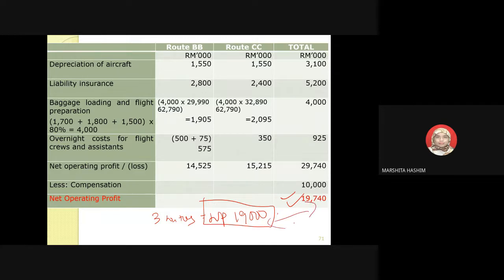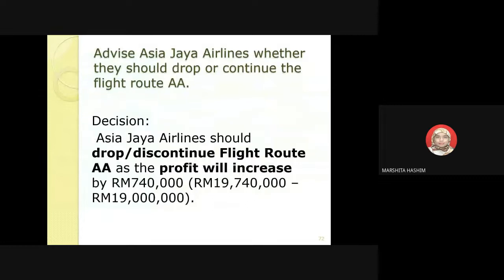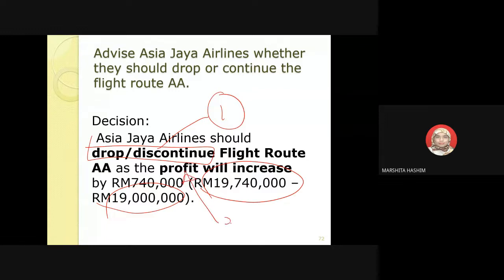Then we compare for requirement B. Therefore, they should discontinue operations of double A because net profit is higher. Or maybe you can write like this: Asia Jaya Airlines should discontinue flight route double A as the profit will increase by 740,000, which is 19,740,000 minus 19 million. This is your decision. This is your reason. Then you will get additional marks.